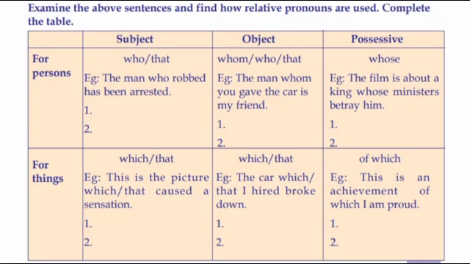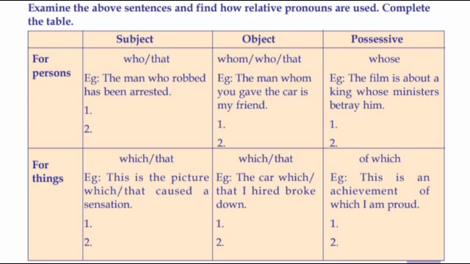So, the man who robbed has been arrested. Instead of who, we can use that. Okay, so for persons in subject case, we can use the relative pronouns who or that. Next, in object case, we can use the relative pronouns whom, who or that.